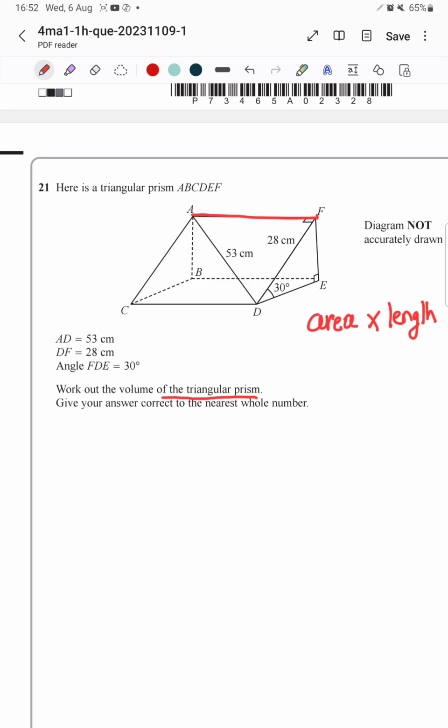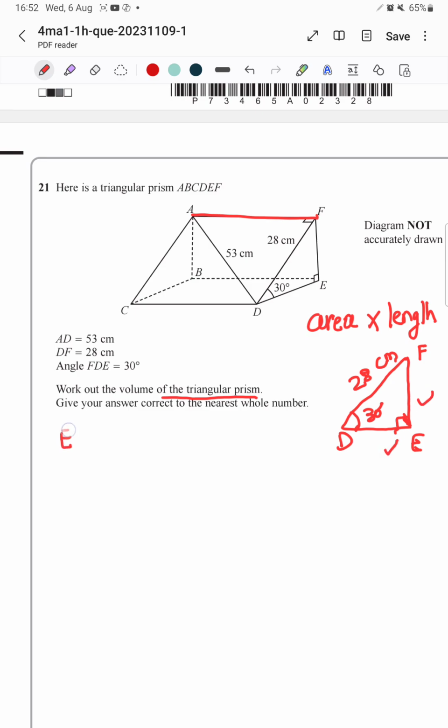Now first I need to know the area of this triangle. So I am going to construct this triangle over here, and it is given that at E there is an angle of 90 degrees. Here is F. This angle is 30 degrees. This value is 28 centimeters. And this point is D. To find the area, I need these two lengths.